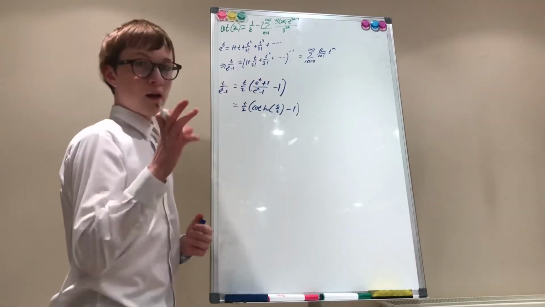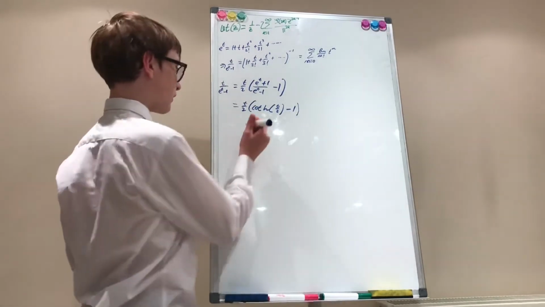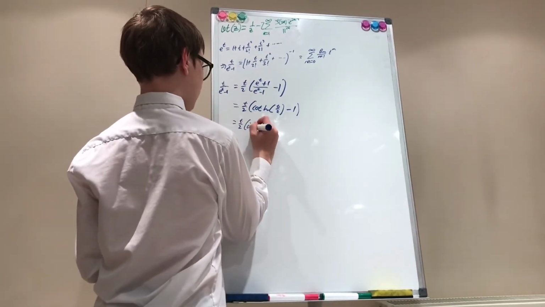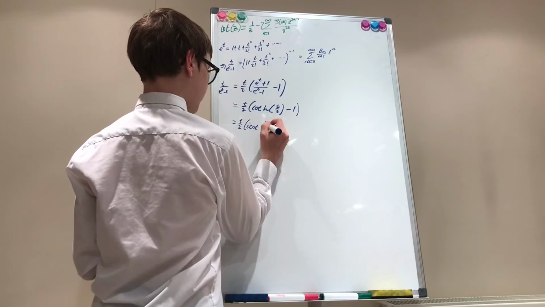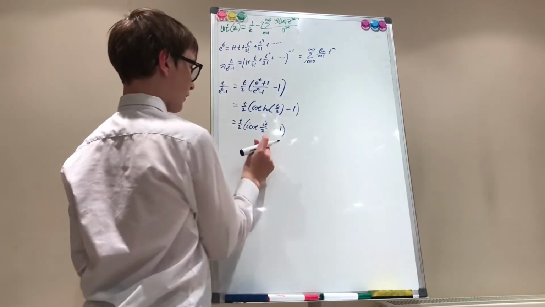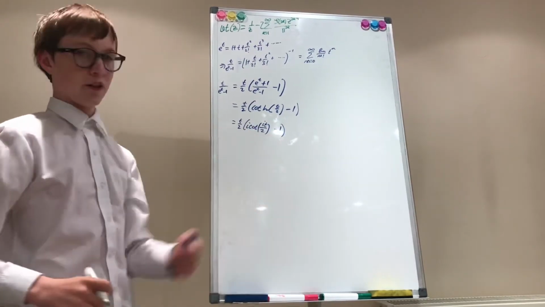Now, using the complex definitions of sine and cosine, this equals t over 2 times i cotangent of it over 2, and then minus 1. This just comes from the complex definition of cotangent.